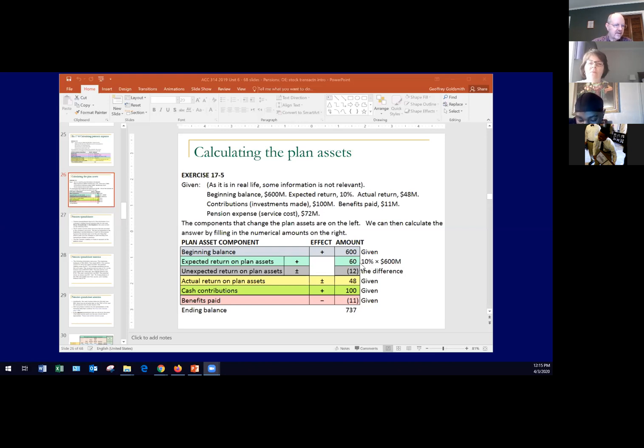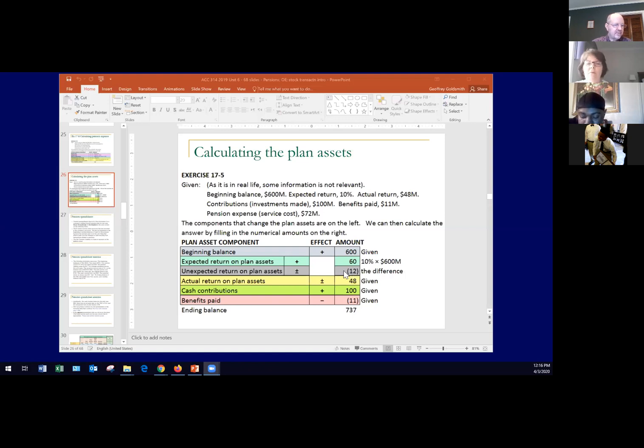So this year it was 12 million below the average they would have expected because it earned 48 million, when on average the amount it would have earned this year would have been 60. So 60 is the amount they need to use for budgeting how much to invest. And then the 12 million would go into AOCI.